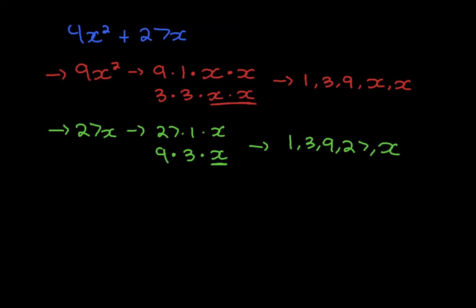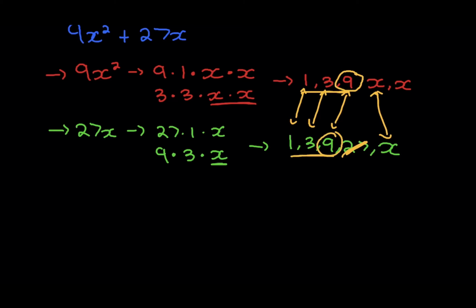Now let's find the common factors. In this case, 1 is common, 3 is common, 9 is common, 27 isn't, and x is common.